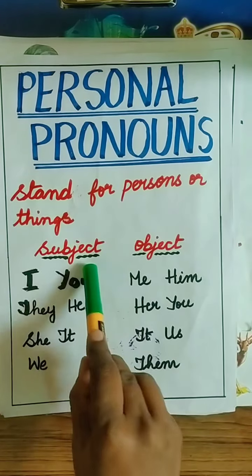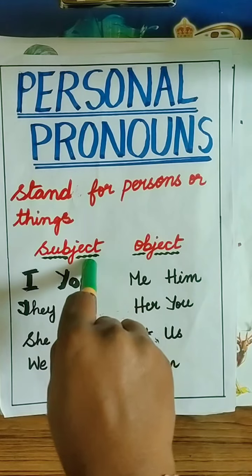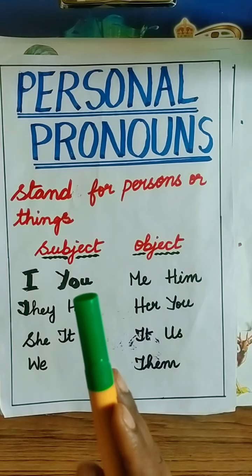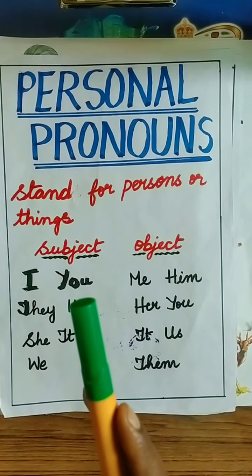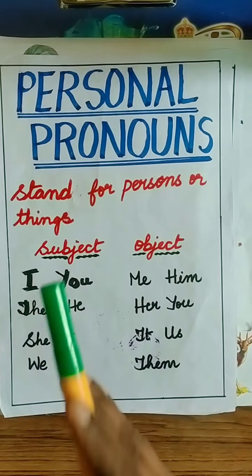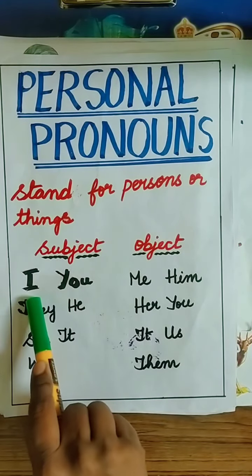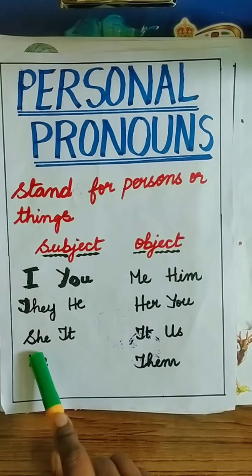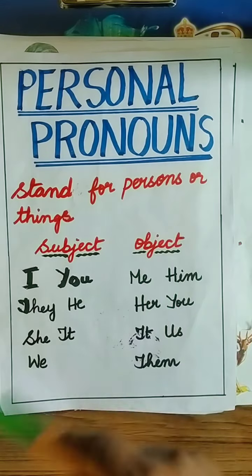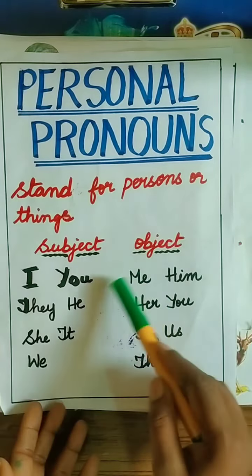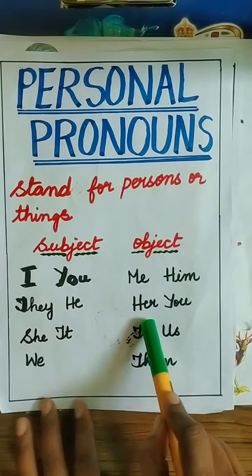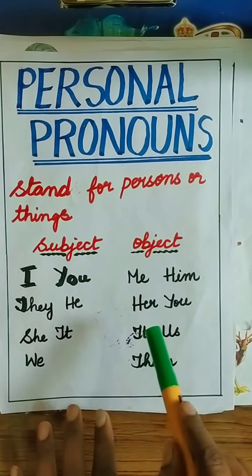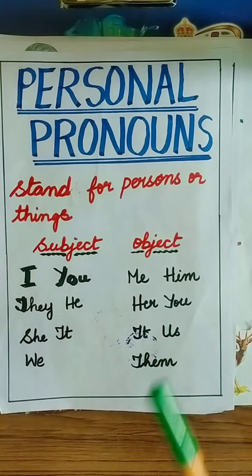When it comes to the subject, which is the first part of a sentence, the narrator, like the one who is explaining, I. So we can use the words I, you, they, he, she, it, we. And the object, about whom they are talking, comes like me, him, her, you, it, us, them. So what are these words? In this we are going to explain now.